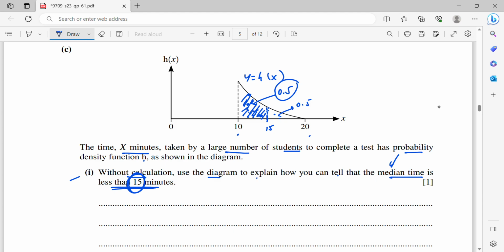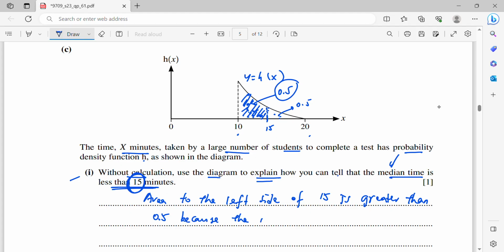To explain this, we can just write that the area to the left side of 15 is greater than the right hand side, is greater than 0.5, because the region is bigger compared to the right side of 15.